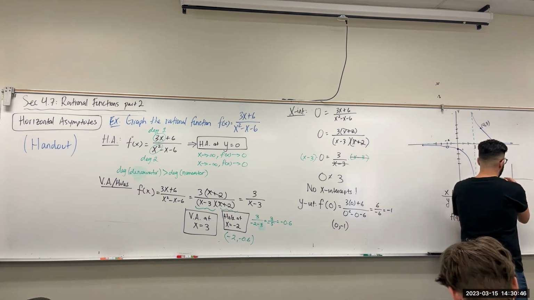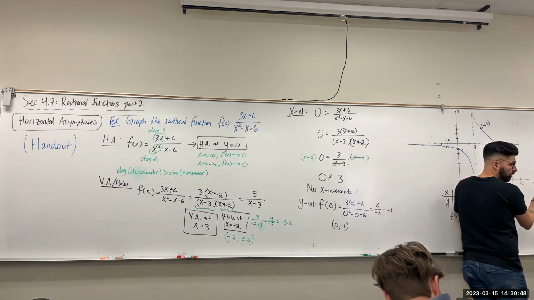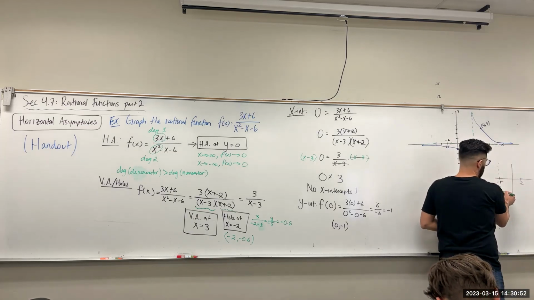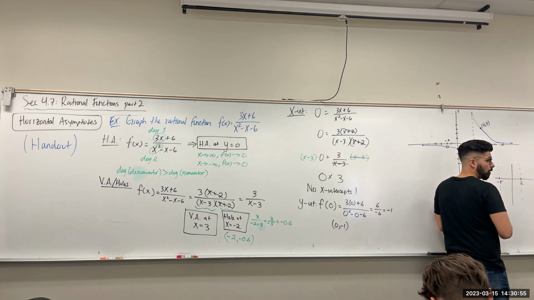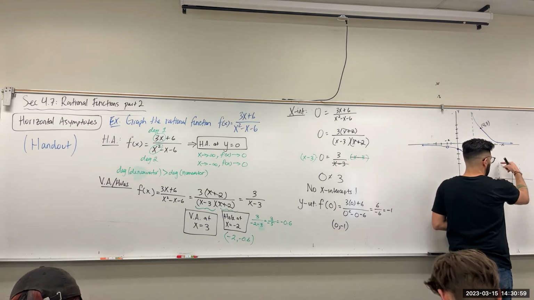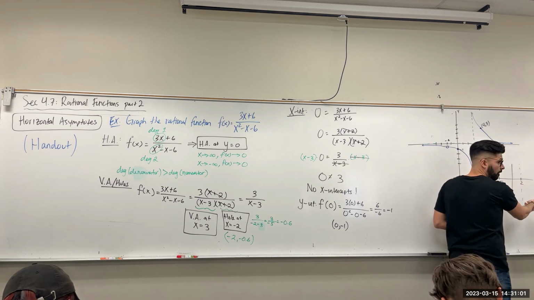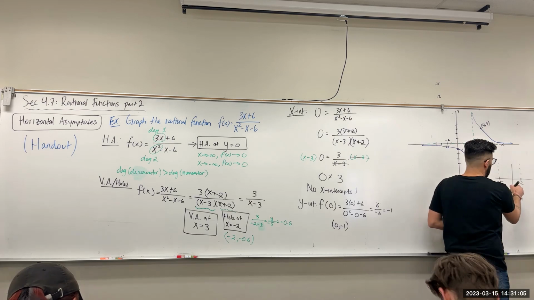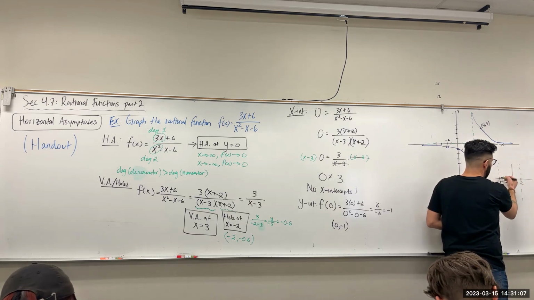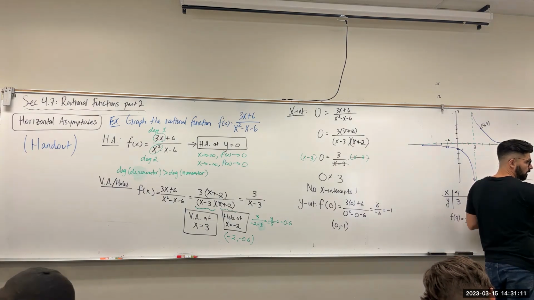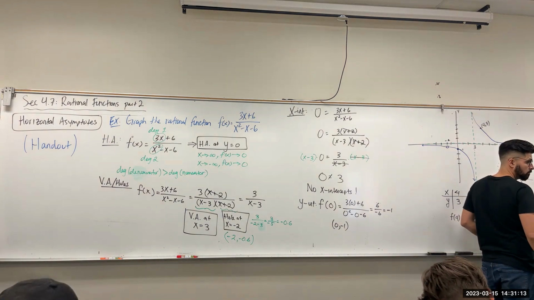There's going to be a vertical asymptote up here and one up here, but the y-intercept tells you whether the graph will be up here or down here. If it's down here and it's facing up, then it'll have to cross the x-axis.